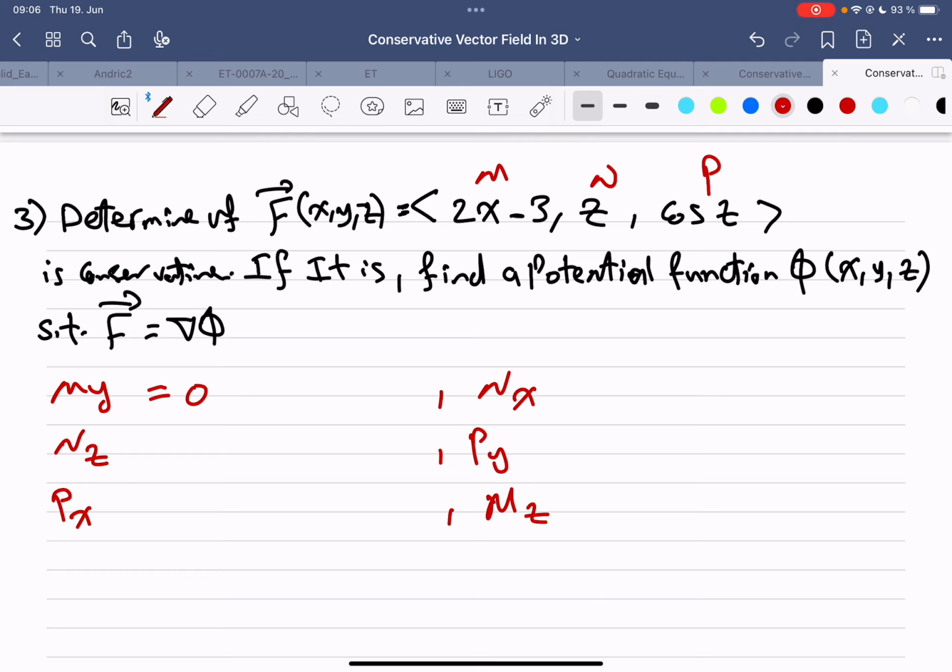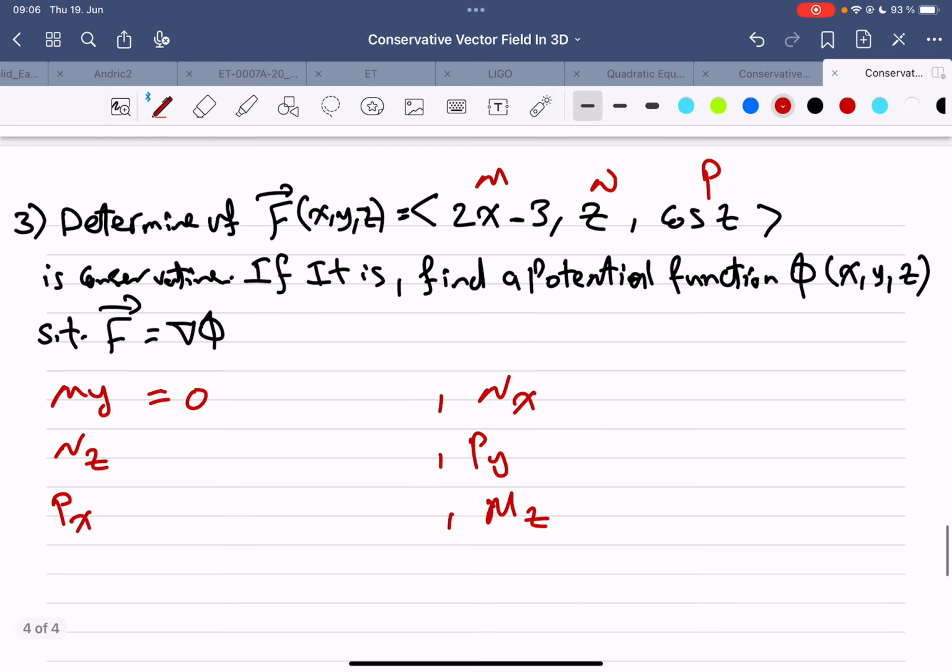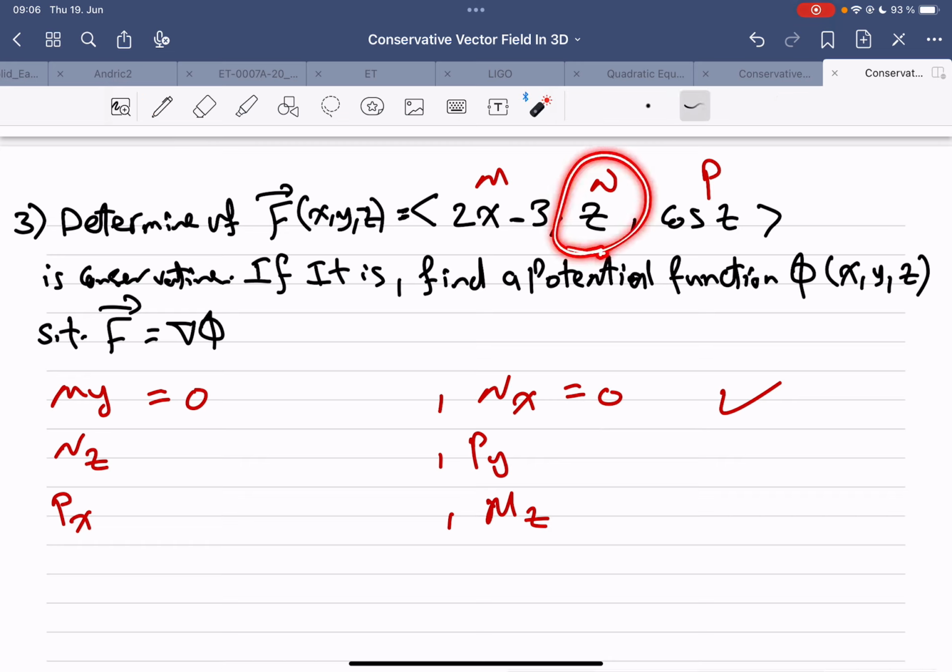N x, we will differentiate this with respect to x, it will give you 0. So M y equal N x. Next, N z. We will differentiate this with respect to z, it will give you 1. P y, we will differentiate this with respect to y, it will give you 0.